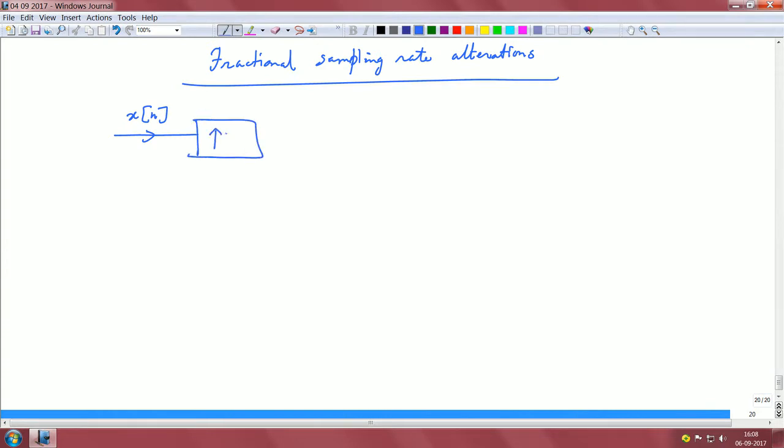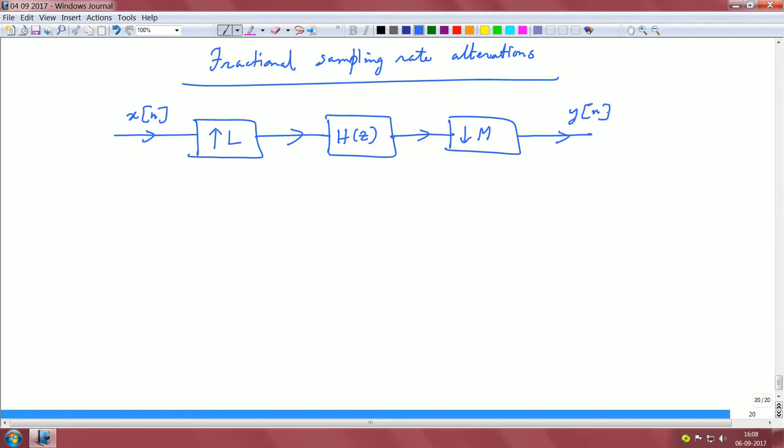This is upsampled first by a rate L, right, and then we have a filter H of z in the middle. This is followed by a downsampler at a rate M, and then we have the signal y of n. So let us say this interim point is x1 of n and this interim point is some x2 of n.